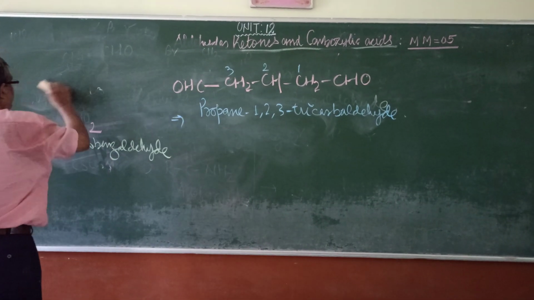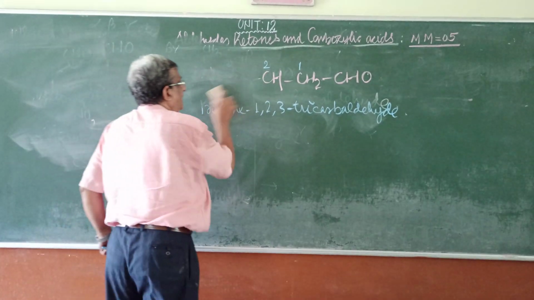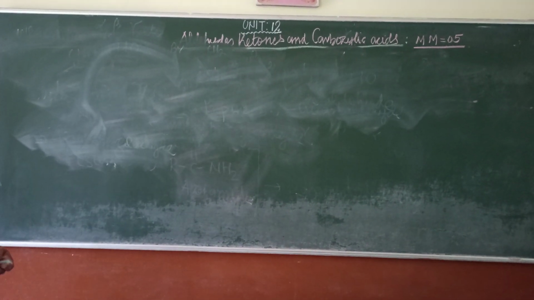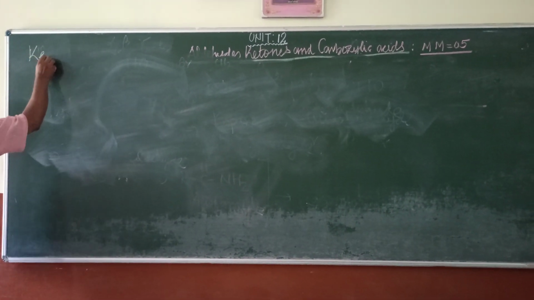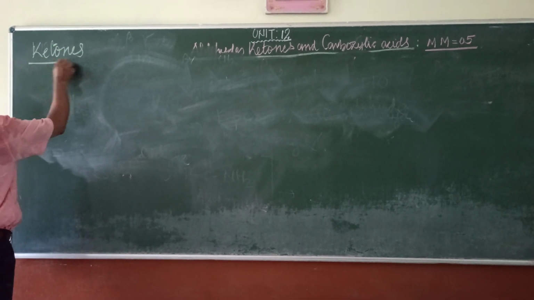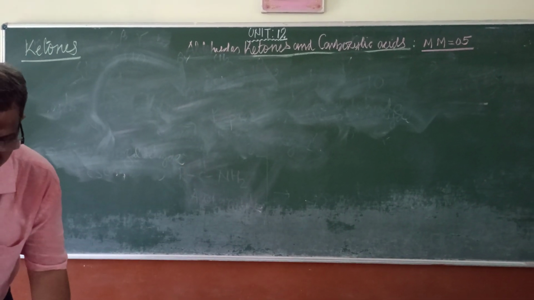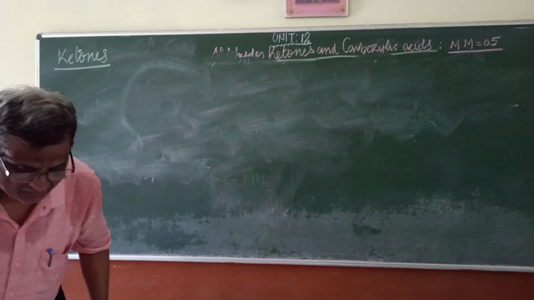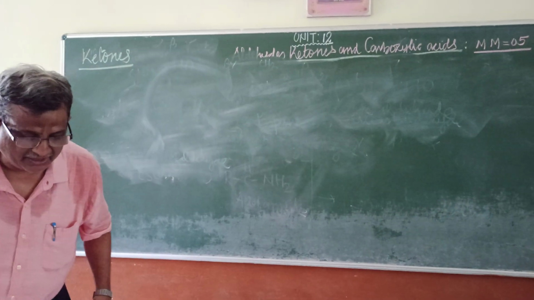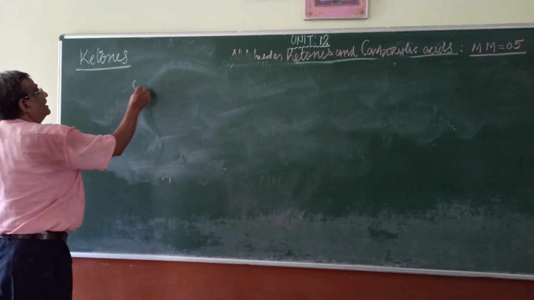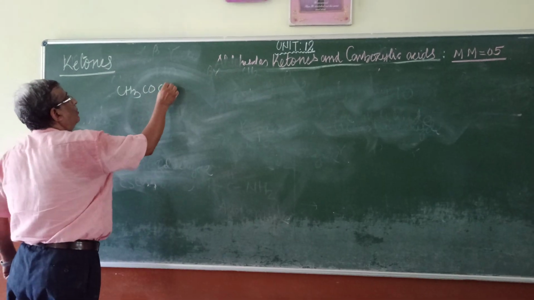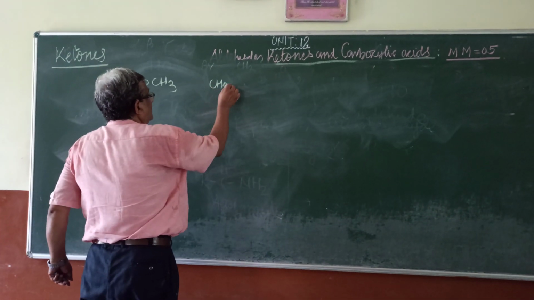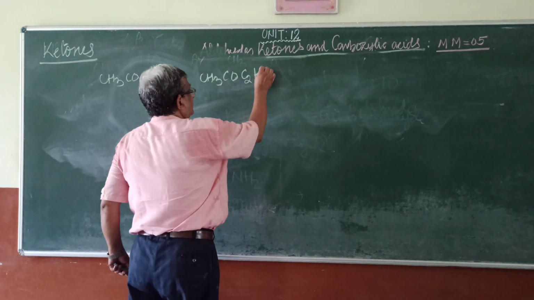Now let us come to the naming of ketones. How are ketones named? First of all, we will discuss the common system of naming ketones. In the common system, ketones are named by using the names of the alkyl groups present in the molecule. For example, I write here CH3 CO CH3, many examples. CH3 CO C2H5.